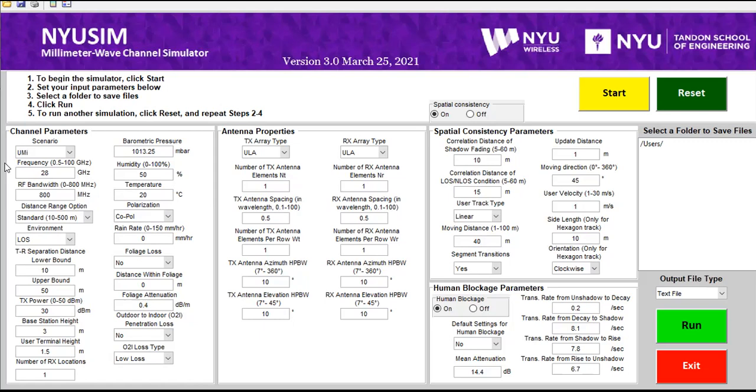The bandwidth for operation, you see, they are allowing the bandwidth to be up to 800 megahertz, which cellular applications will not use, even in another century.